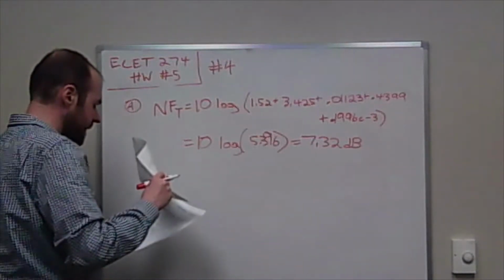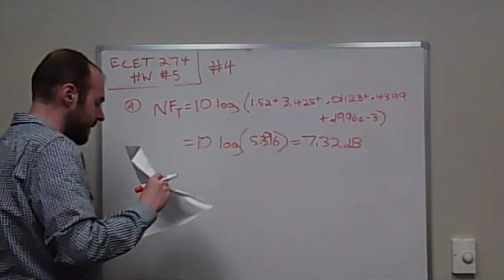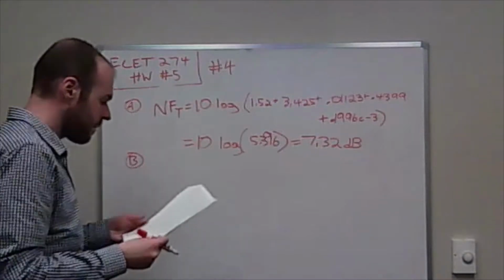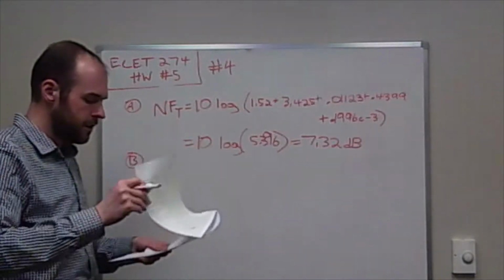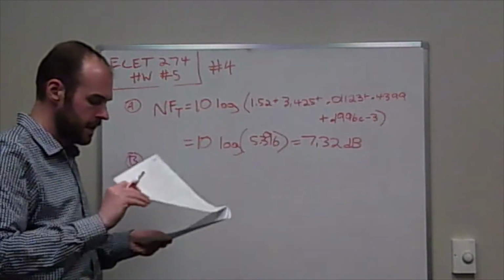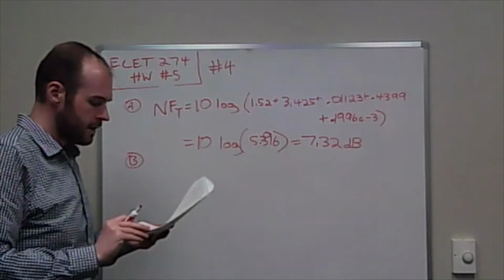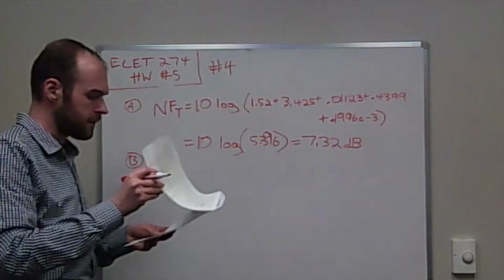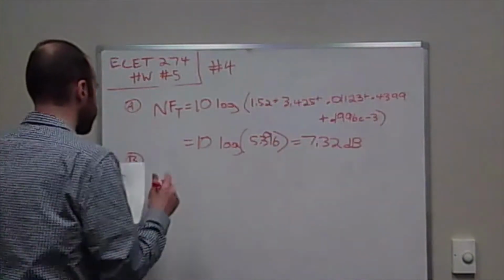For part B, we wanted to determine the IF output frequency and the power. So for part B, we are to determine the output frequency. We can look at what we're given, it tells us we use low side injection.